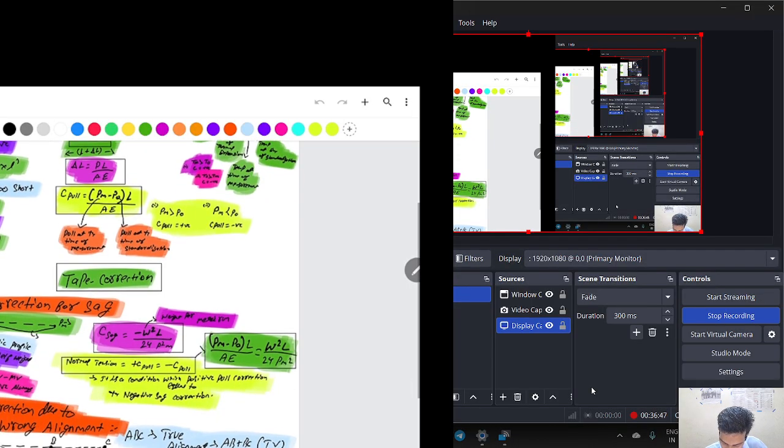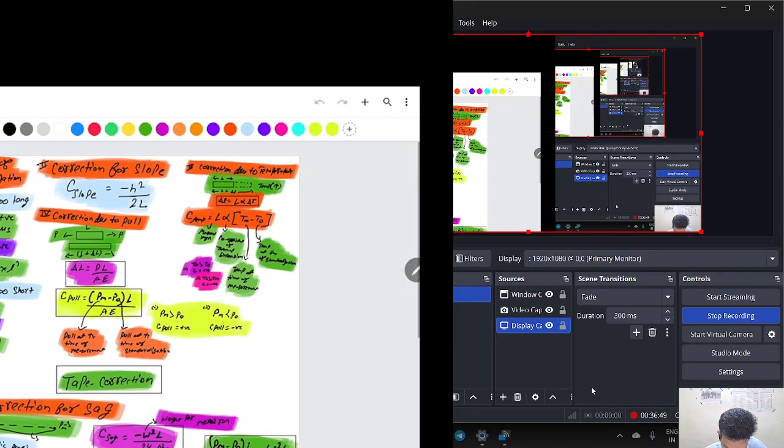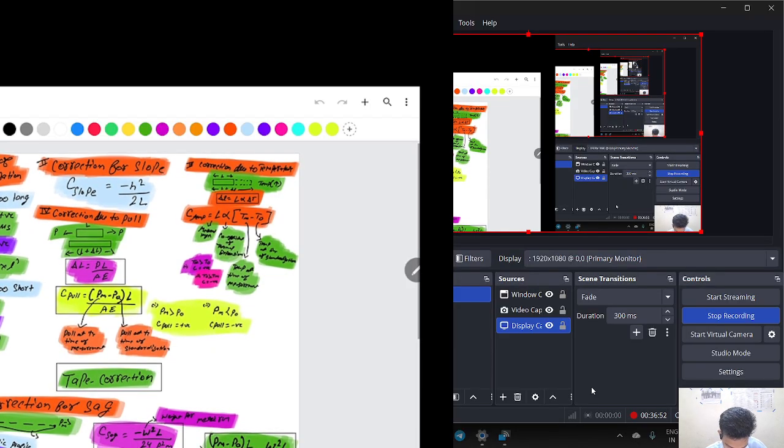Okay, the most important in this is correction for slope and correction for sag.